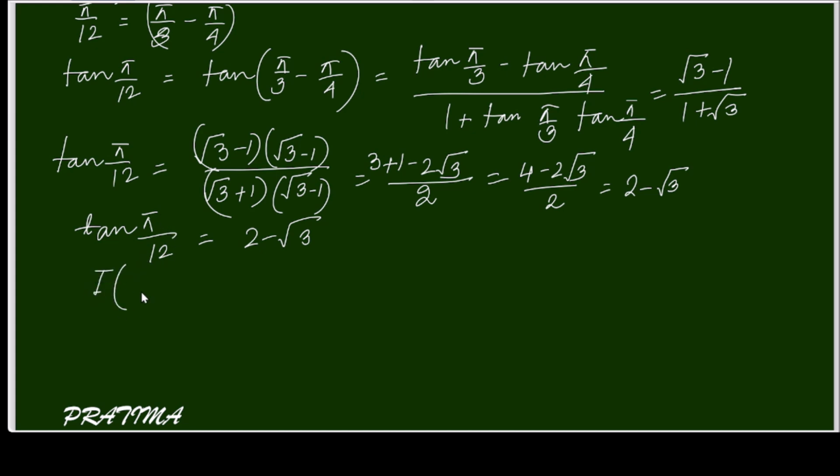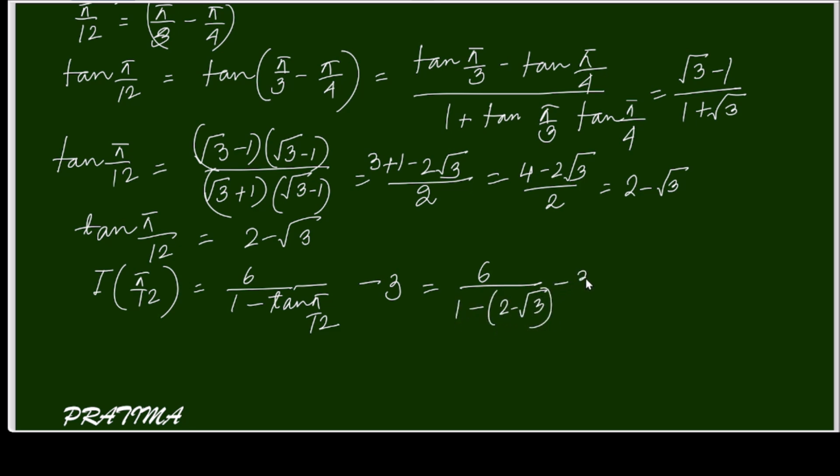Now the integral at pi by 12 is 6 over (1 minus tan pi by 12), minus 3 was the constant. So it will be 6 over (1 minus (2 minus root 3)) minus 3, that equals 6 over (root 3 minus 1) minus 3.